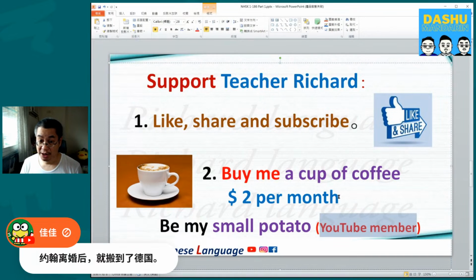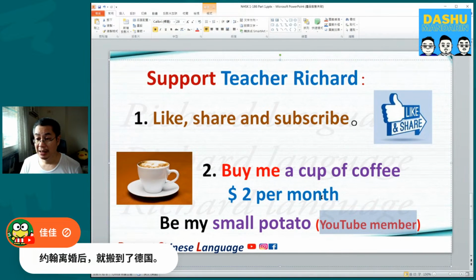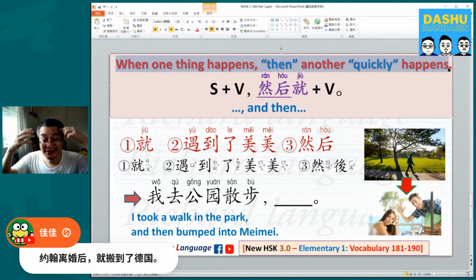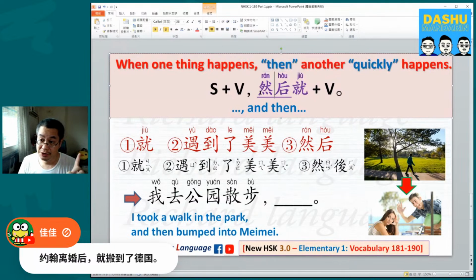Okay, so we have another structure about one thing happening after another immediately. In this kind of structure, we can use a sentence first and then 然后, which actually means then.